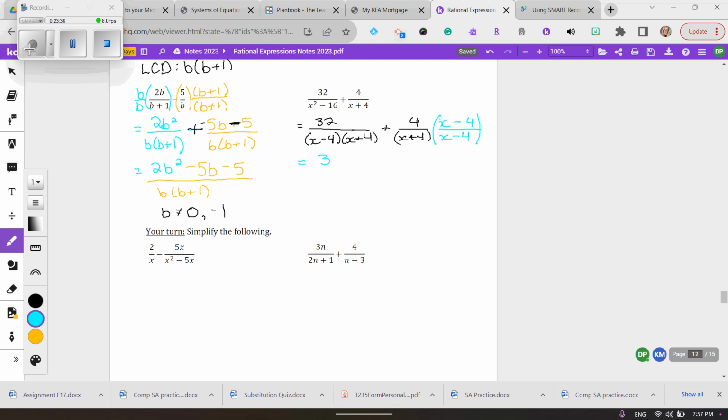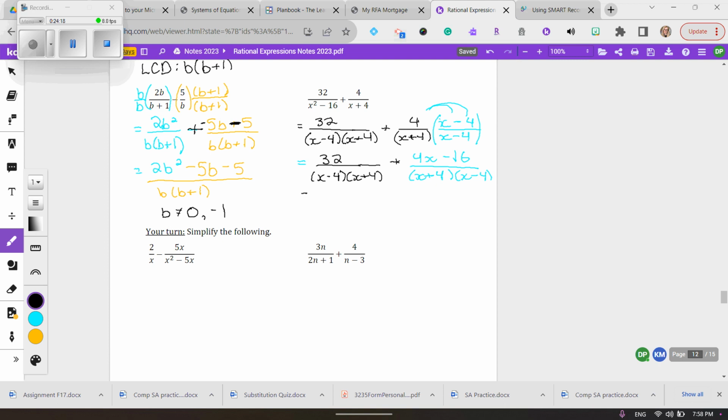So here I have 32 over top of x minus 4 plus 4x minus 16, over top of x plus 4 times x minus 4. Great, my denominators are the same.